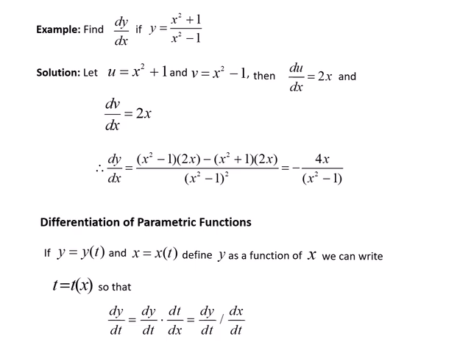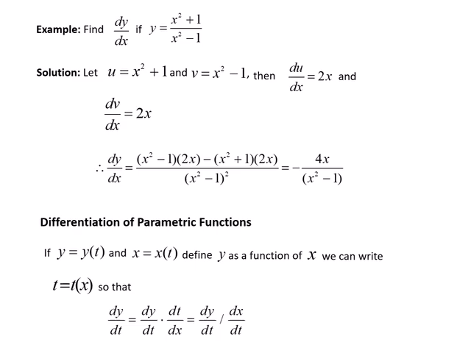So we now go back and substitute back into the formula. I believe you know the formula for the quotient rule. The formula for the quotient rule is dy/ds equals v du/ds minus u dv/ds all over v squared.